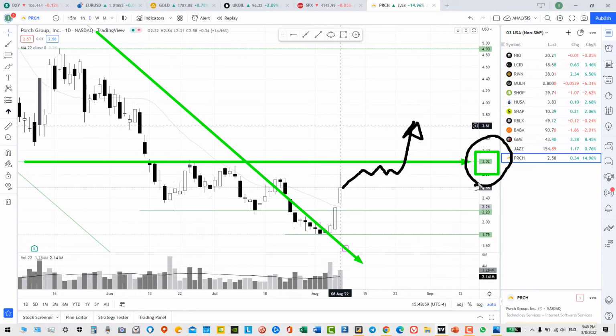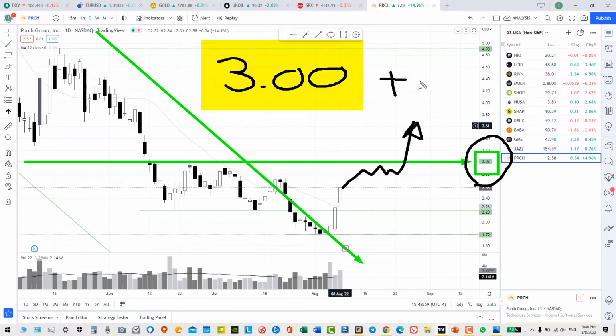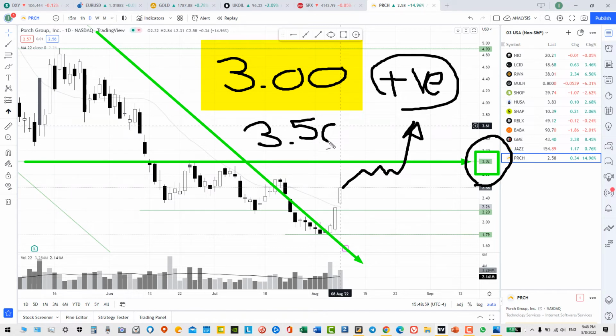So in all scenarios, reversal head and shoulders, a double bottom, or just a spike and a break through the resistance, the $3 resistance is the final resistance after which the stock will be in positive territory and may easily target 3.50 as its first station.